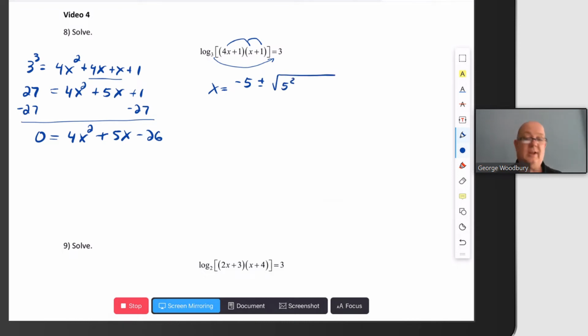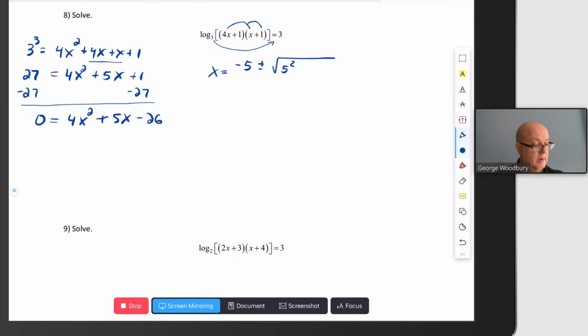b squared, so that's 5 squared, minus 4 times a, which is 4, times c, which is negative 26, all divided by 2 times 4. Inside the square root, the discriminant, 5 squared is 25. 4 times 26, there's 2 negatives there, so it's going to be an addition, a sum, plus.